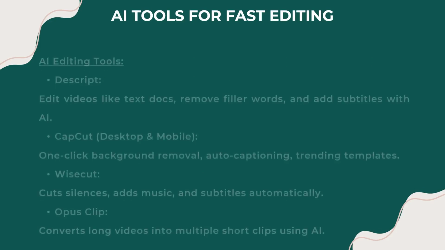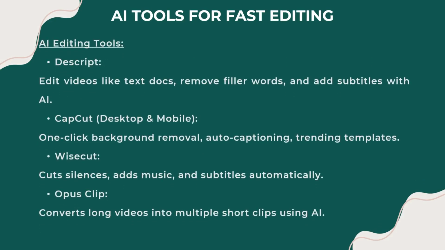Okay, so now we will see different AI tools that we can use in order to enhance our video editing. The first AI tool that we can use is Descript. Descript is used to edit videos like text docs, remove filler words, and add subtitles using AI.